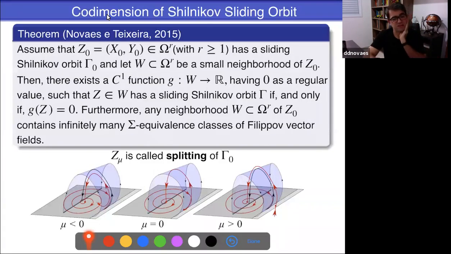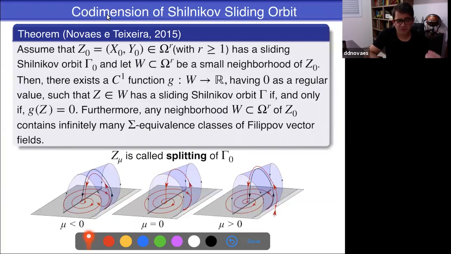Since the sliding Shilnikov orbit is a global connection, a global object, it's always interesting to understand how to break this connection. This is what is stated in the theorem.